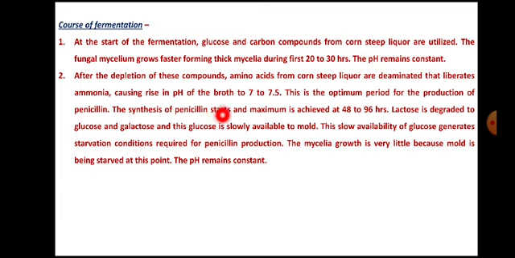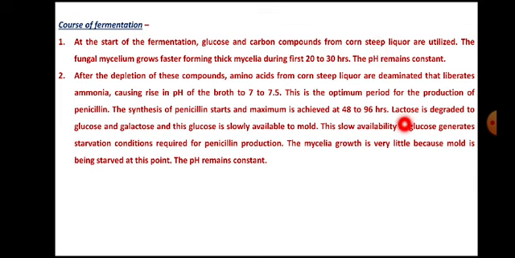So the synthesis of penicillin starts in this phase, and maximum is achieved at 48 to 96 hours or 4 to 5 days. During this production phase, lactose is utilized. In the initial step, there is utilization of glucose.